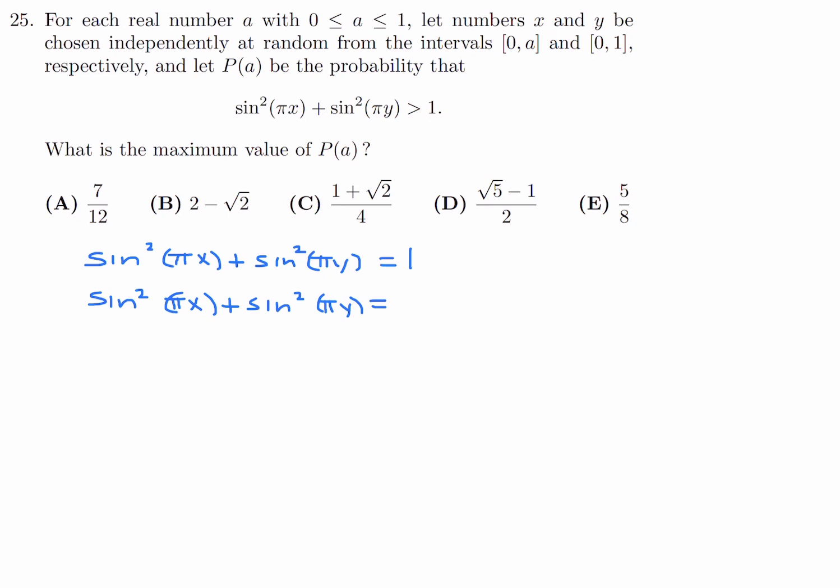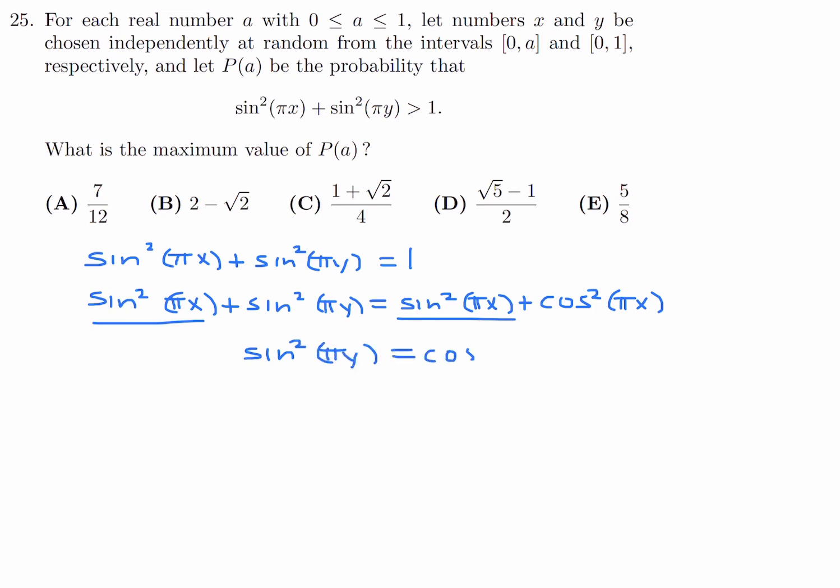So I will write it as sine squared pi x plus cos squared pi x. That's one of the more commonly remembered trig identities of the many, many identities. So that means this cancels with that, and all you're left with is sine squared pi y is equal to cos squared pi x. We still don't have the same variable.